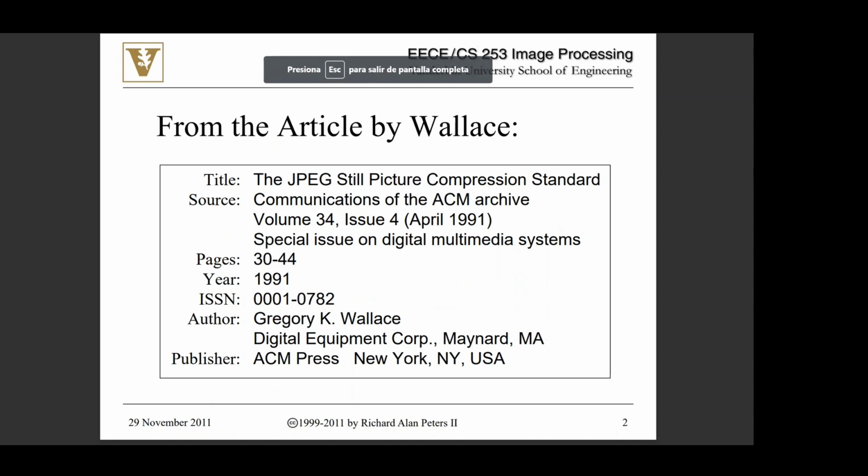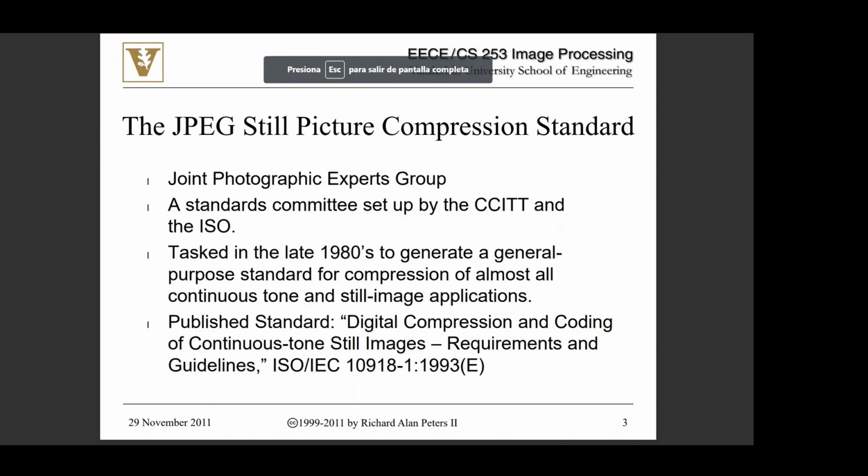JPEG comes from the Joint Photographic Experts Group. That is a committee setting the standards for saving images, established by these two organisms. One is the telecommunications organism, and the other is the International Organization for Standardization.